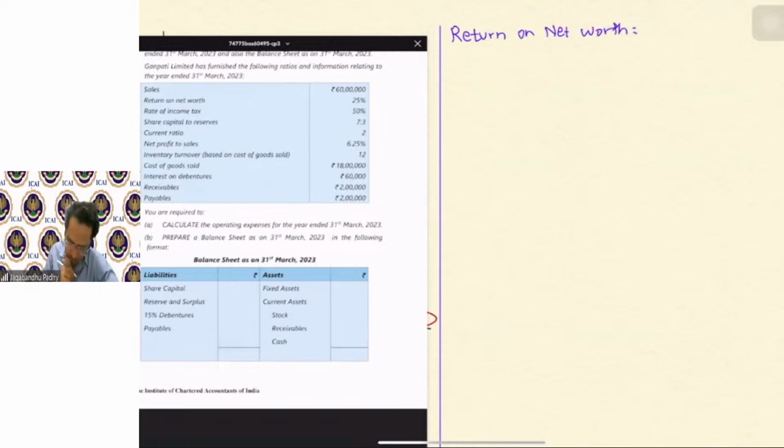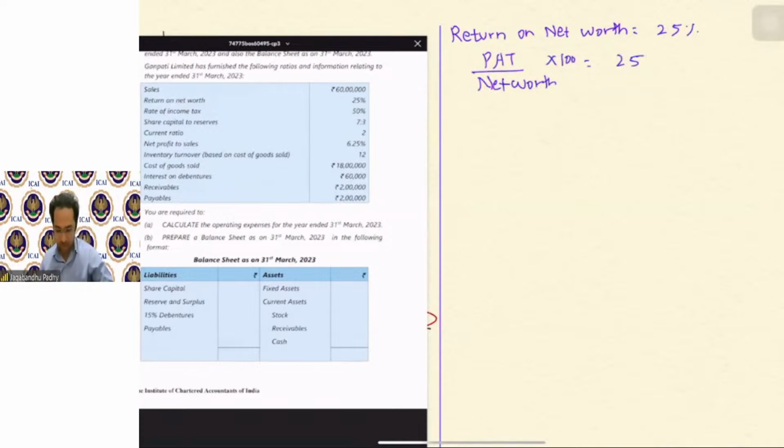Return on net worth is 25%. This return on net worth is computed as profit after tax upon net worth into 100, is 25.